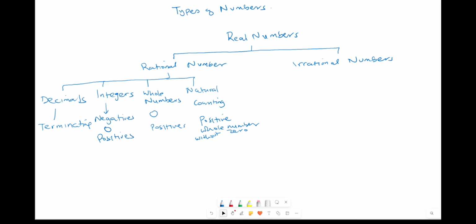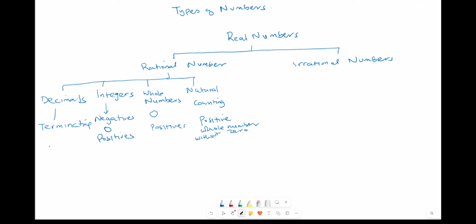So a decimal that terminates, for instance, 0.45 is finished. All the decimal is 0.45. Or you can also have a decimal that is not terminating, but it is recurring in a very structured pattern.